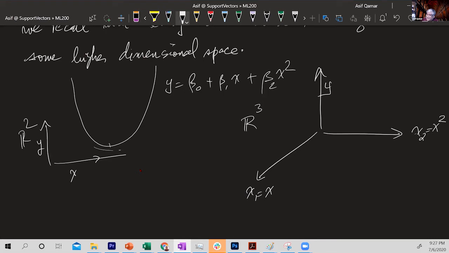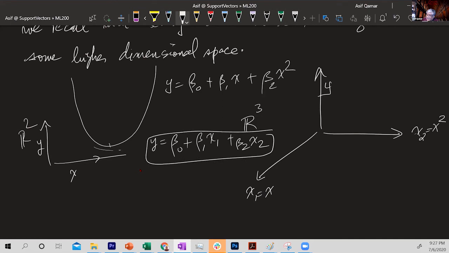And you will realize that if I write it in that form, this equation becomes y is equal to beta naught plus beta 1 x1 plus beta 2 x2, isn't it? In R3, and this is a linear equation. It's as trivial as that. It's a linear equation, a hyperplane, in fact, it's a plane.